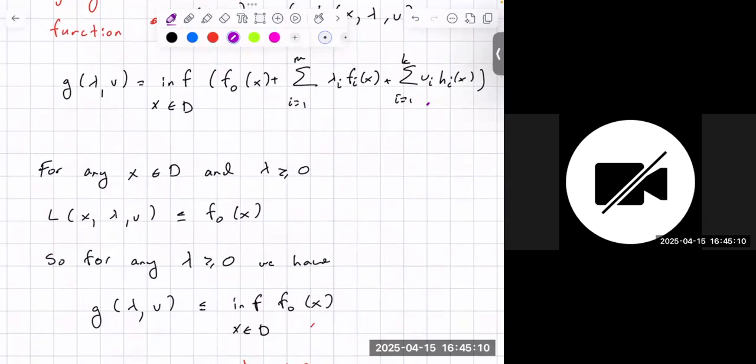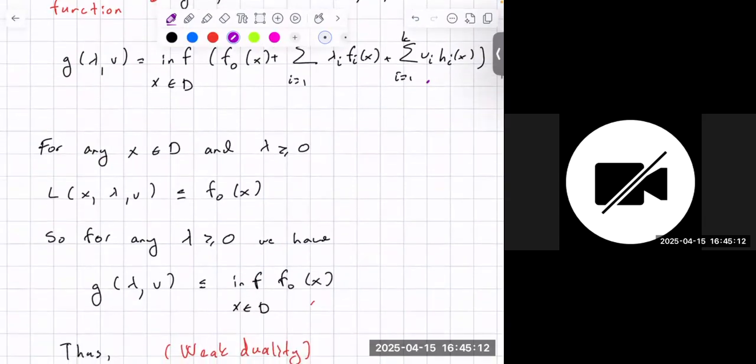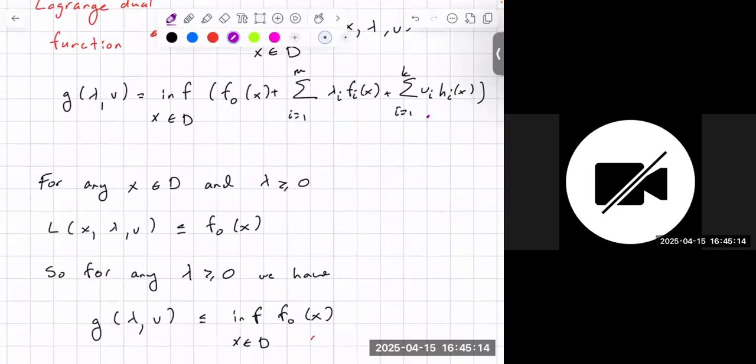Okay, let's get back to our discussion. So suppose for a moment that you look at an x in your domain, and also suppose these lambda i's are non-negative numbers, 0 or positive. In your domain, all the h_i of x is 0. You can ignore them. And f_i of x were less than or equal to 0, right?